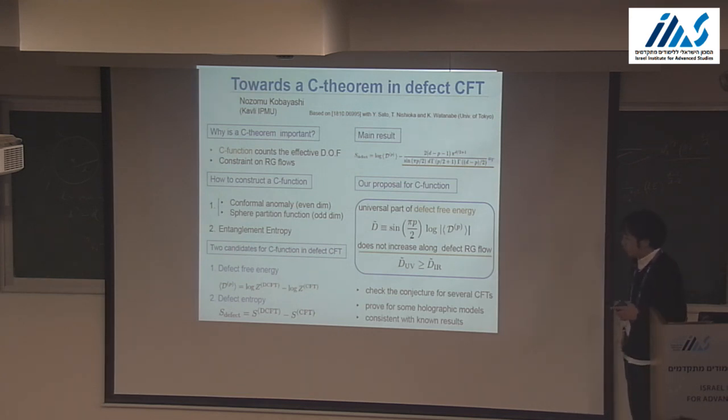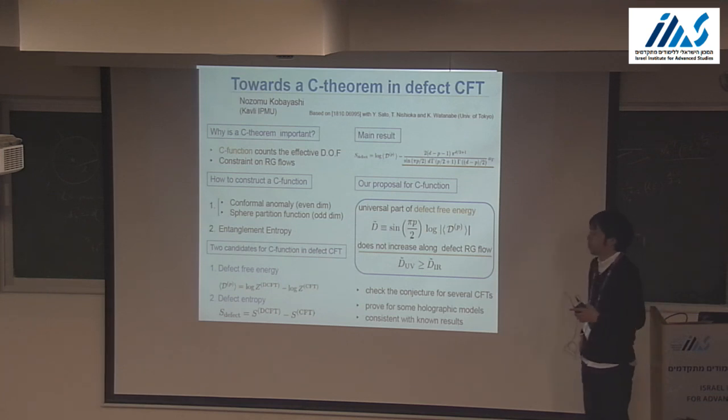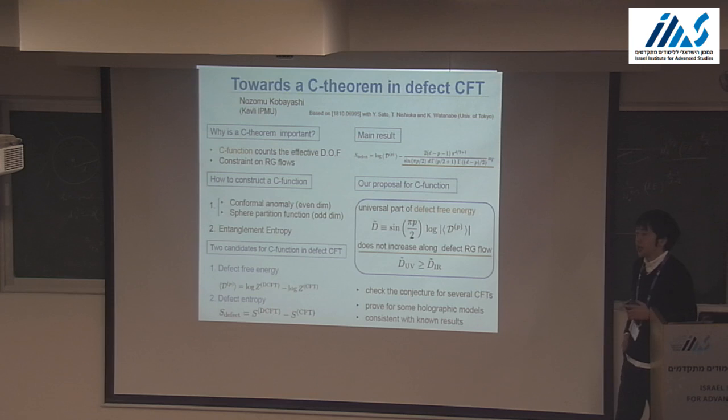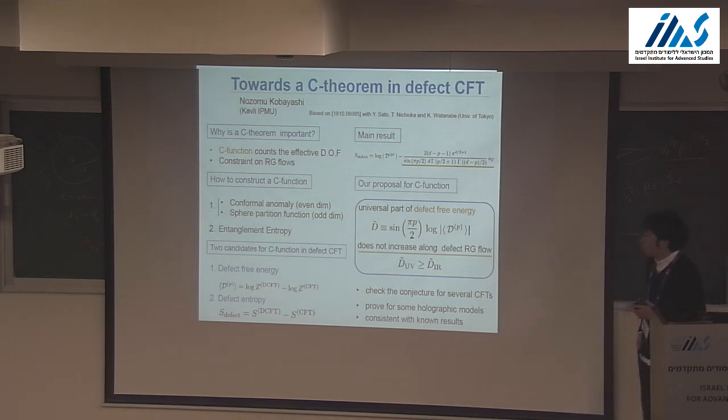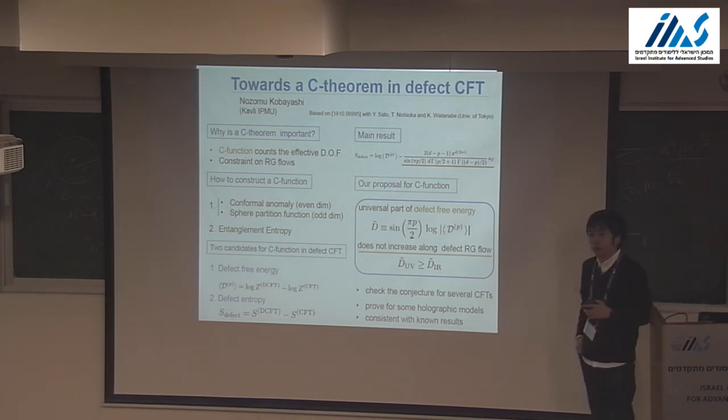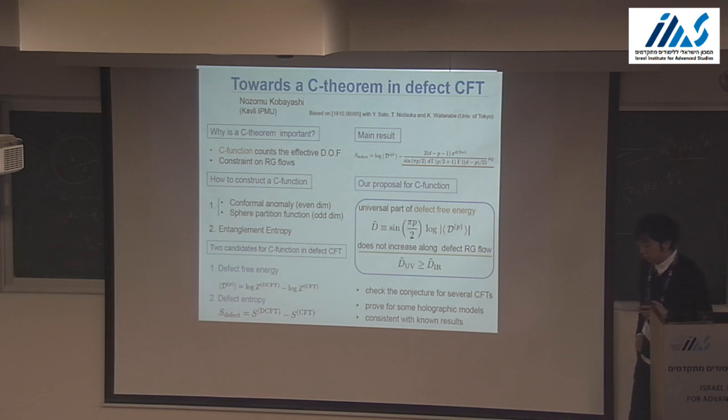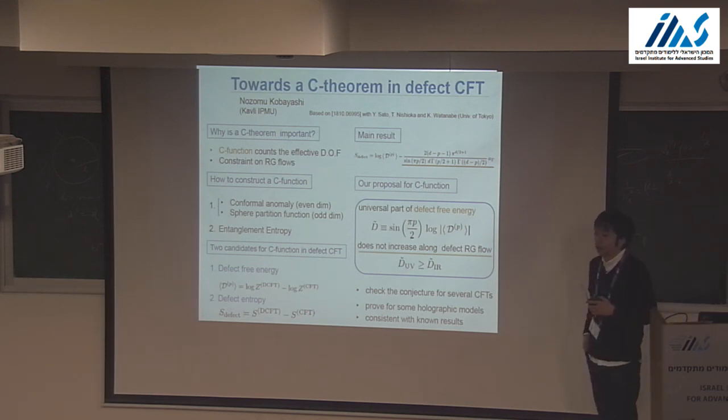Okay. So then we put forward a conjecture for the C function such that not the defect entropy, but the defect free energy does not increase along defect RG flows. We check this conjecture for several CFTs, and we also find a non-trivial example in which the defect free energy does not increase, but the defect entropy does increase.